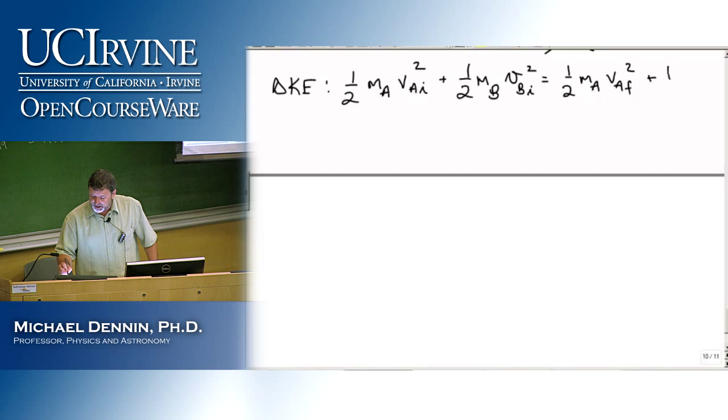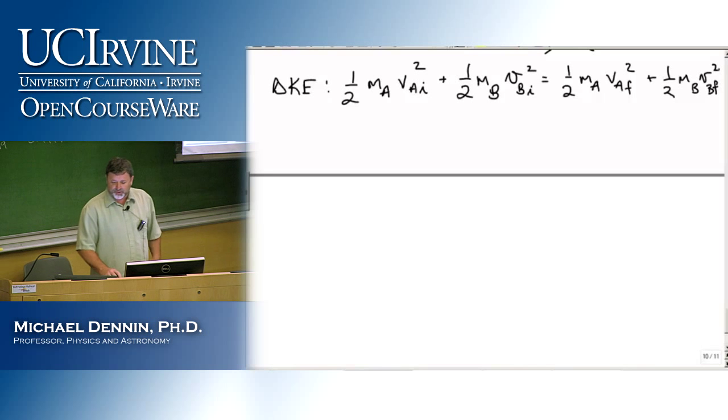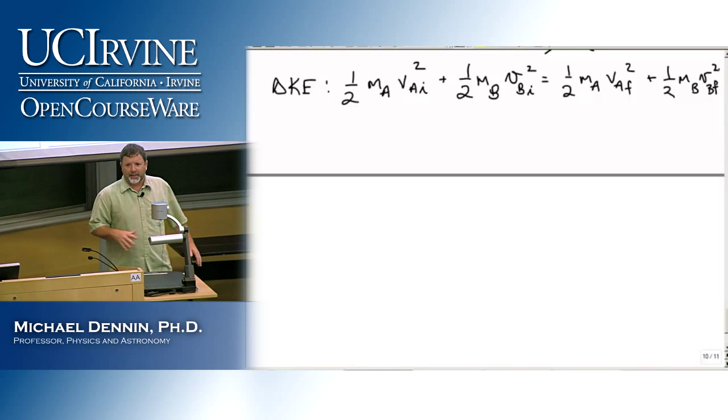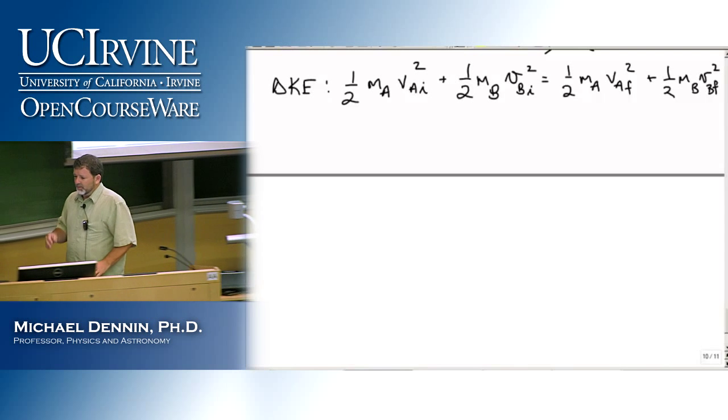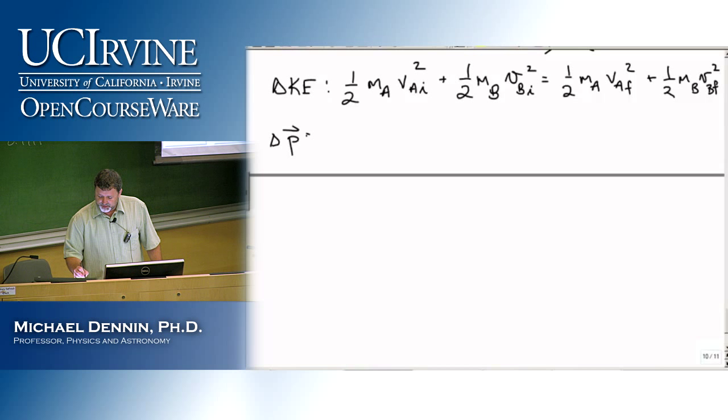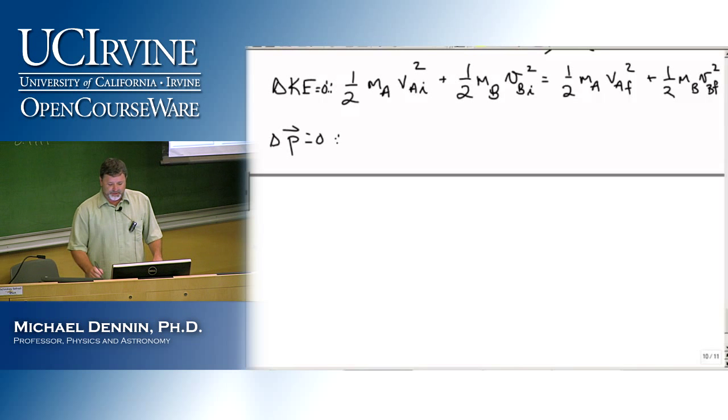Now, the textbook uses primes for final velocity. I prefer to actually write the I and the F because I get lost with the primes. That's just me. So that's the kinetic energy formula. It's conserved. Momentum's conserved because it's a collision.